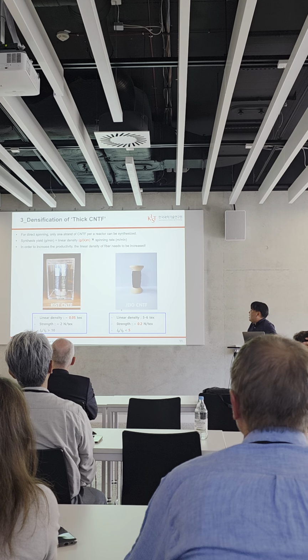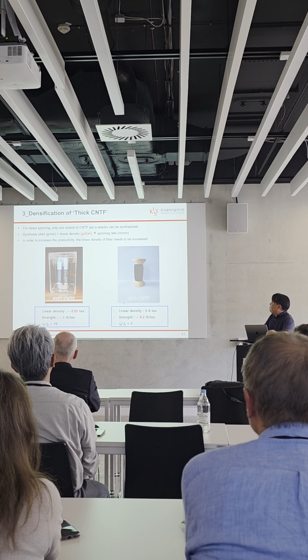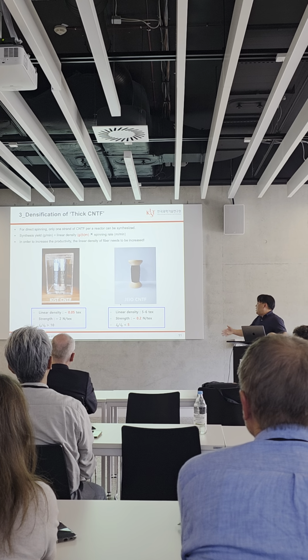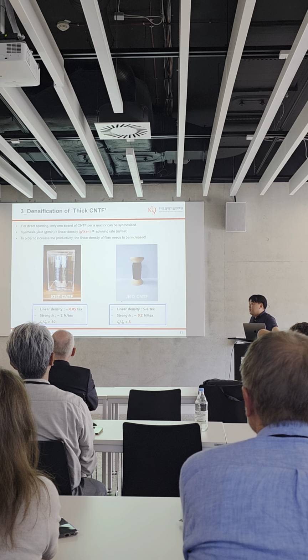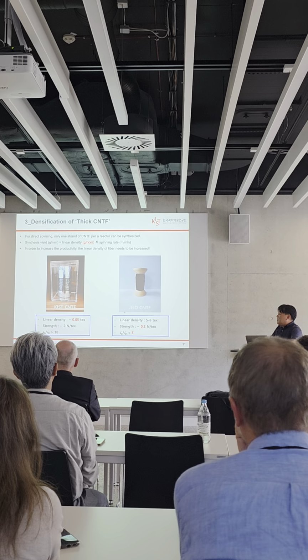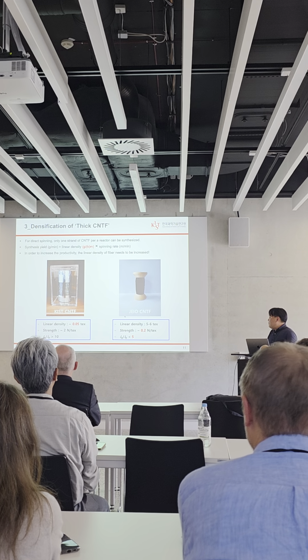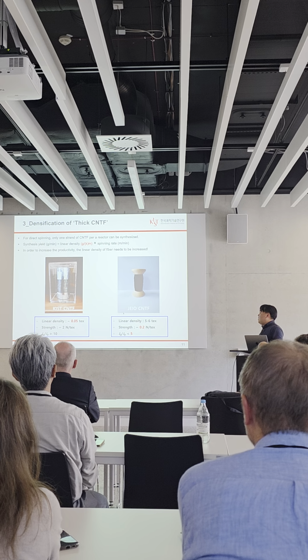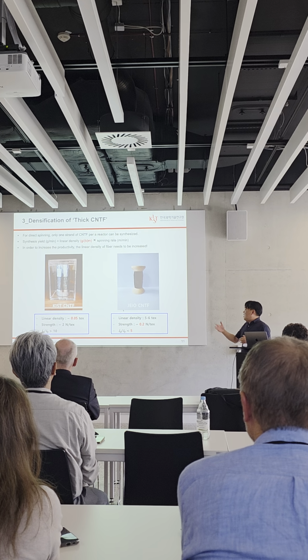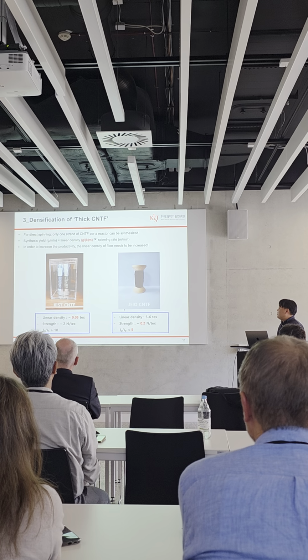At that time I started a collaborative project with a company called JO, a Korean company that produces CNT powder but wants to expand its business to CNT fiber. In the project, they successfully increased the linear density of the fiber.